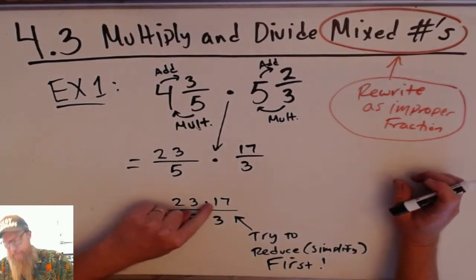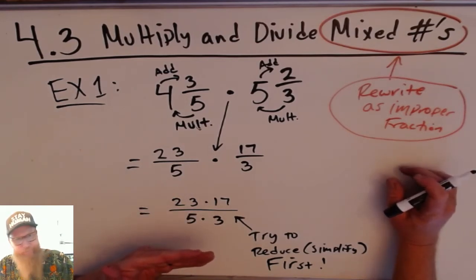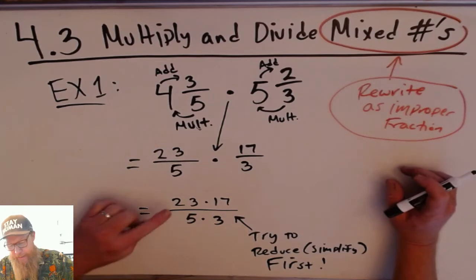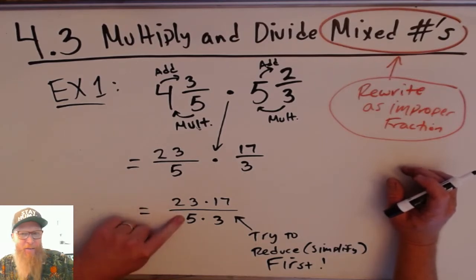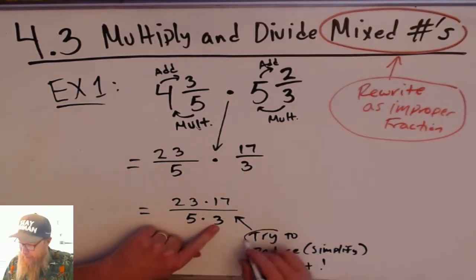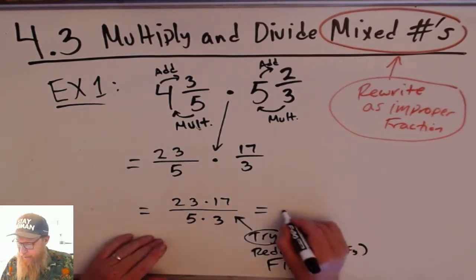Can I break 17 down into any smaller numbers? No, it's prime. 23? No. We really got a real stinker here. 5, no. 3, no. Well, but I at least tried. And then I have no other choice. I have to multiply these.